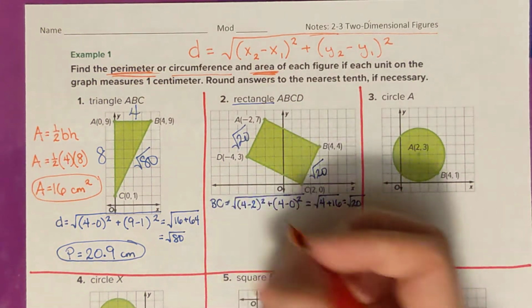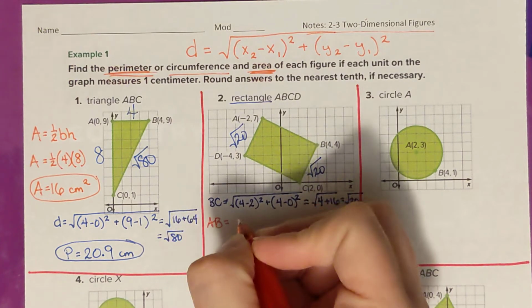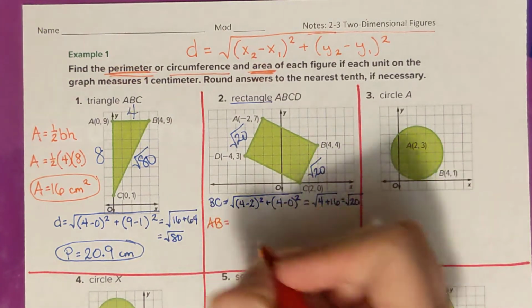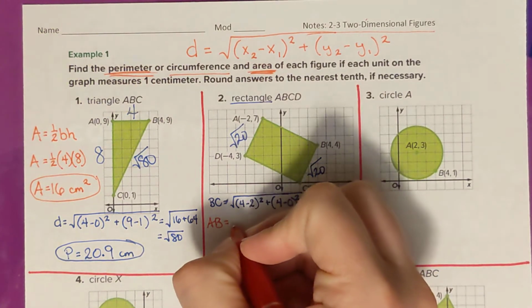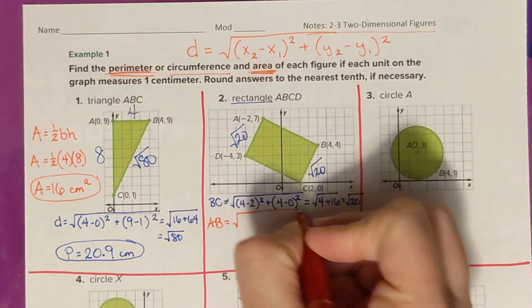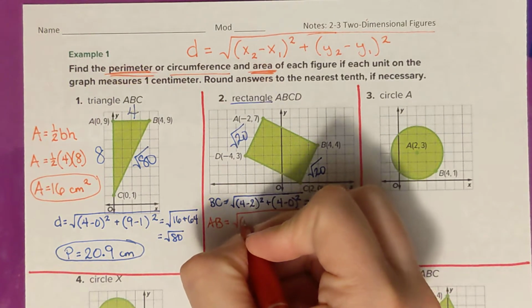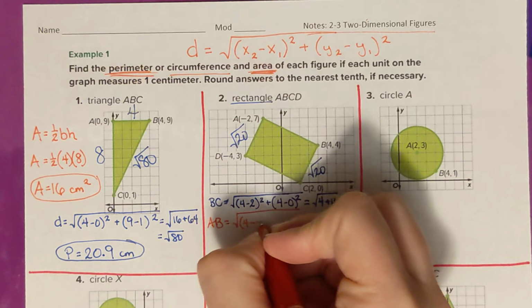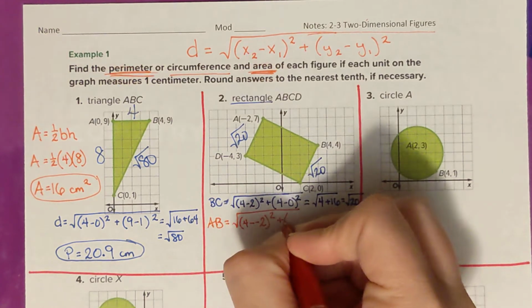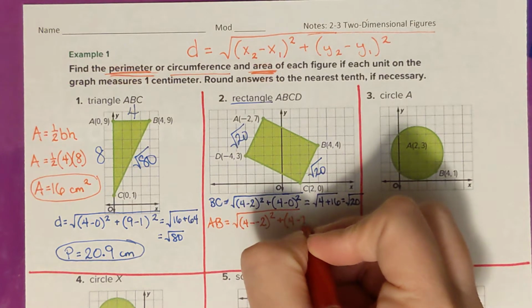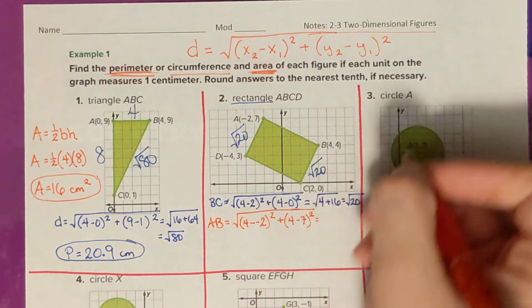I'm just going to do AB, just because, again, you can do DC, it doesn't matter. You should get the same answer no matter which ones you pick. So let's see. AB, that's going to be 4 minus negative 2 squared plus 4 minus 7, all that squared.